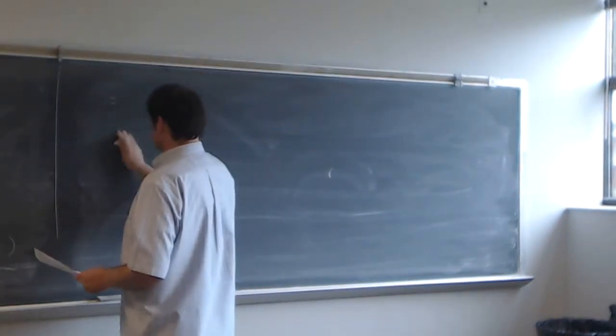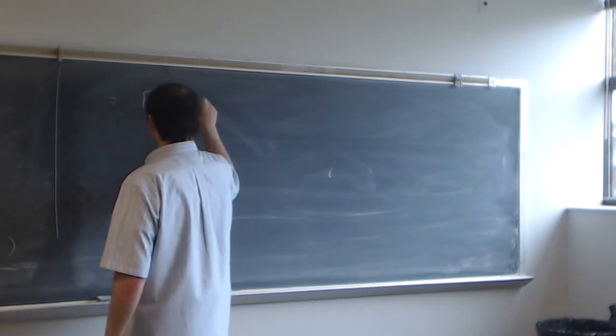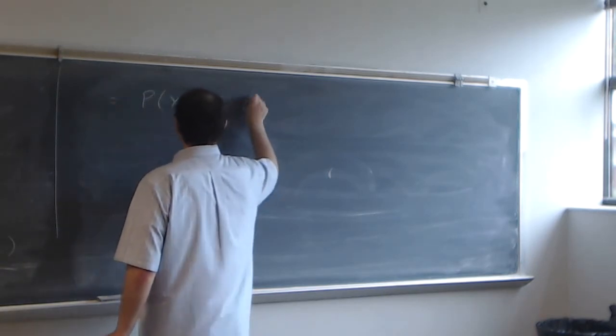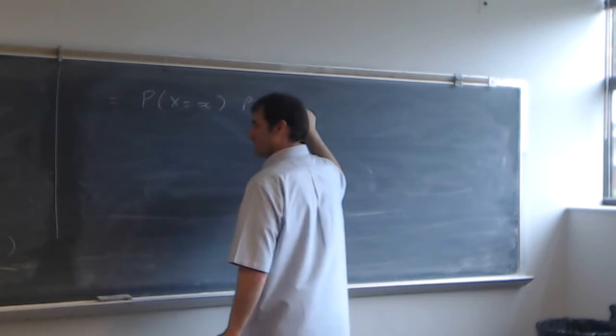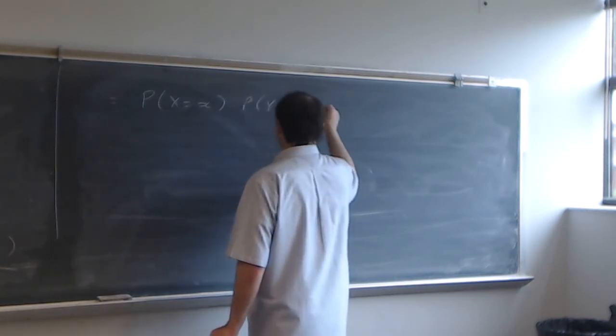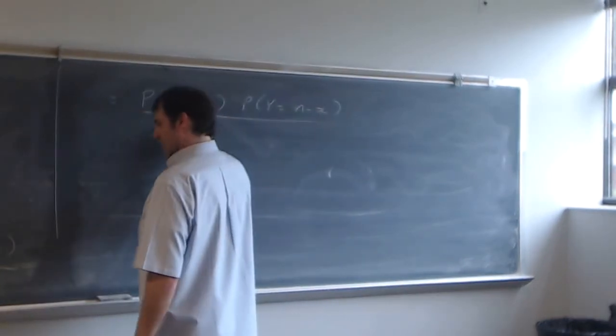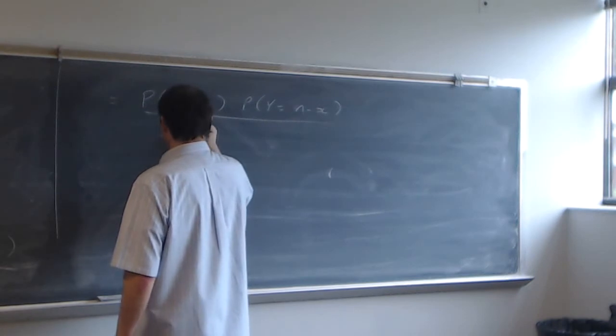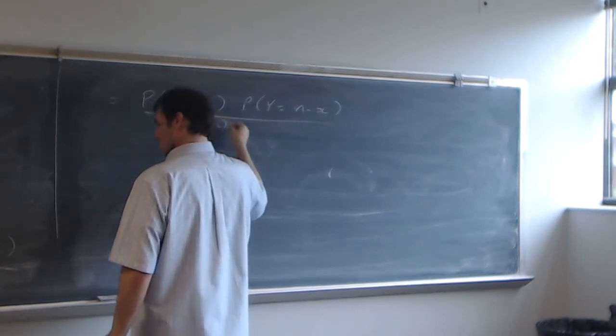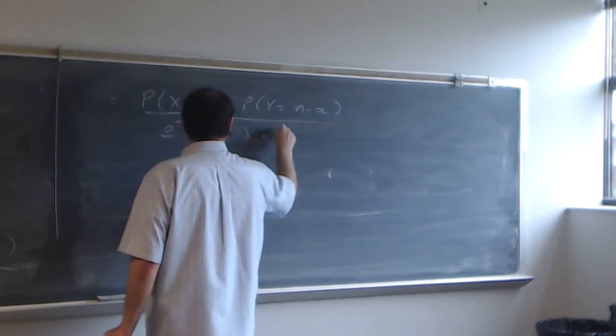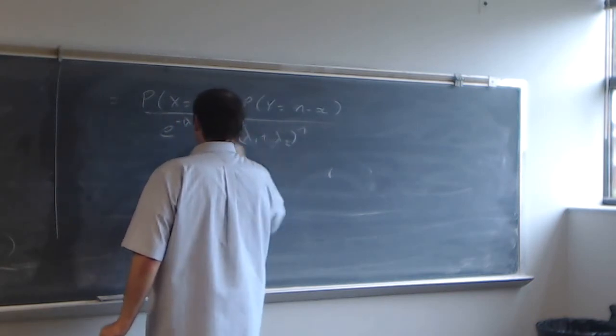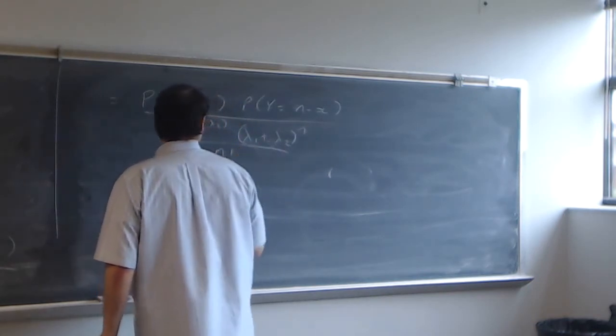So this is equal to, as I said, the probability that X is equal to x times the probability that Y is equal to n minus x, over this bottom. Now I'll write this over n factorial this time because I've got room.